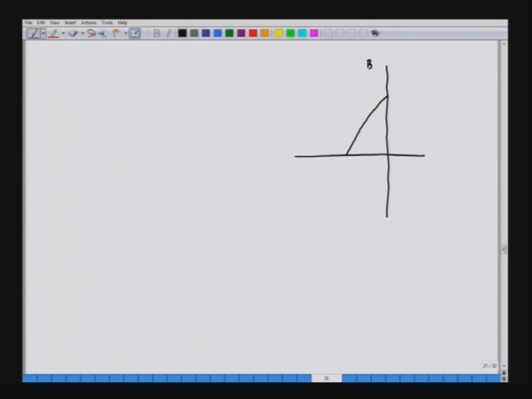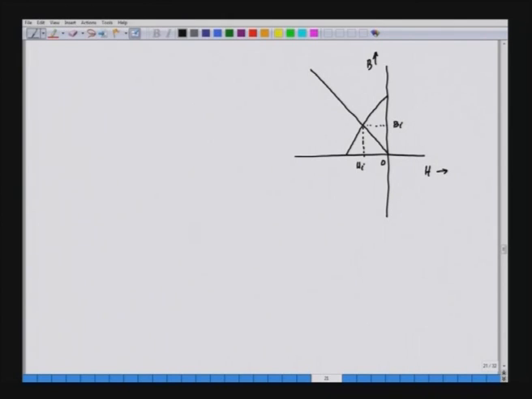This is B and this is H. This is our permeance line and this is the operating point, Bi, and this is Hi, and this is 0, the origin. Now, B is positive and Hi is negative.